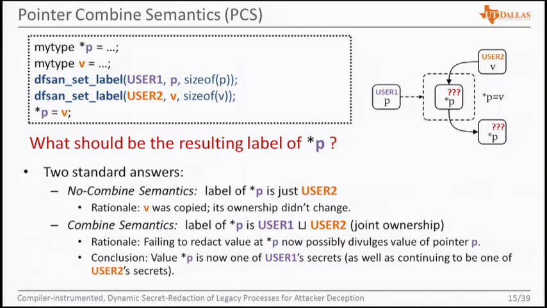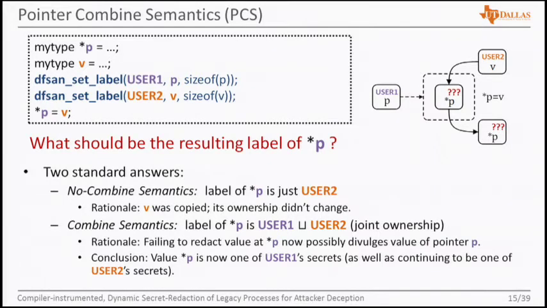So to solve this problem, there is another interpretation of what a pointer means that says that the label of the thing that p points to should be a combination of the label of user1 and user2. And this semantics, we call it the pointer combined semantics, because it combines the label of the pointer with the label of the pointee.